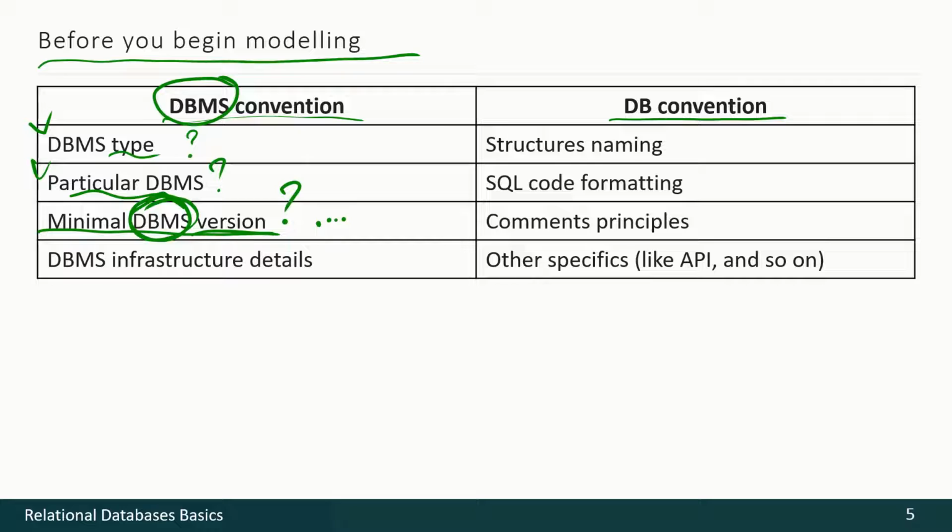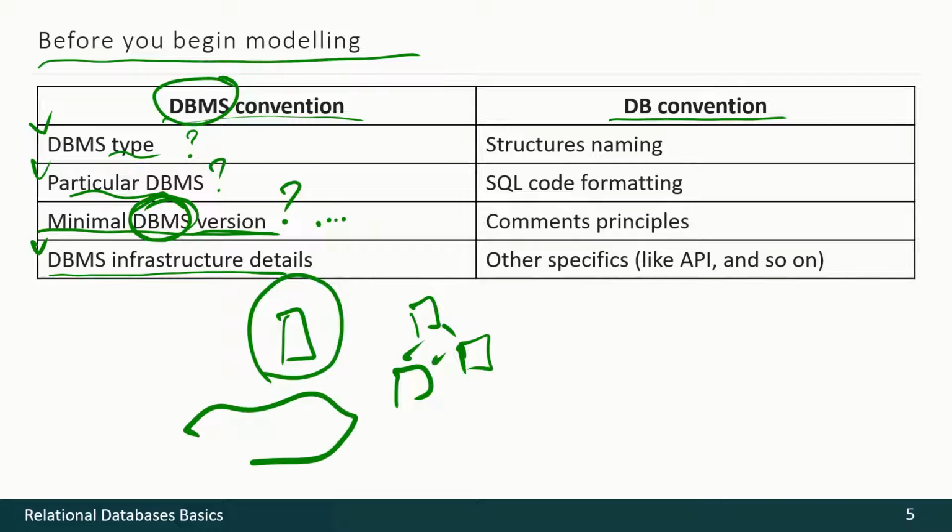We also have to know some infrastructure details, like is it a single server or is it a cluster of servers, is this a physical server or this is a cloud server, and so on and so on and so on.